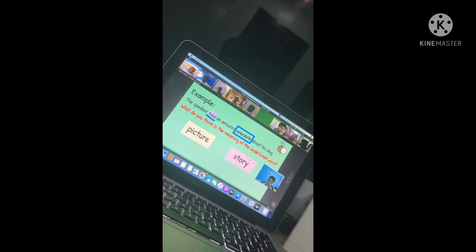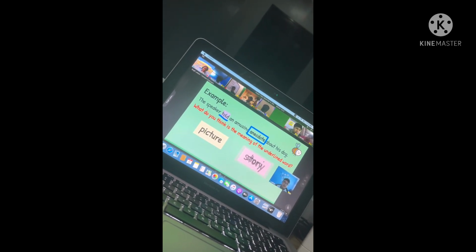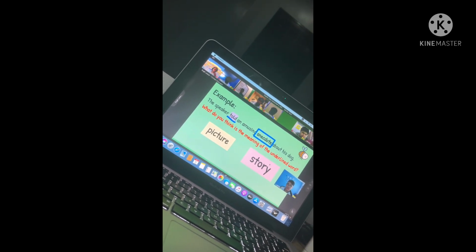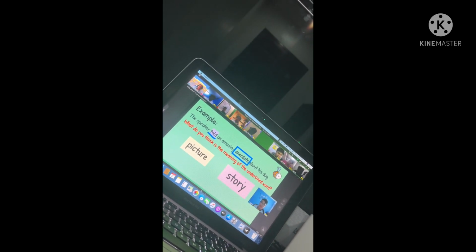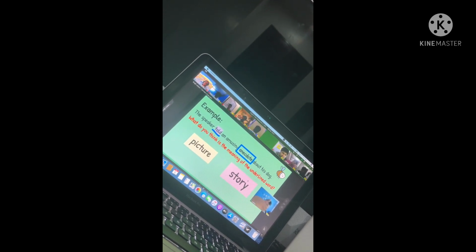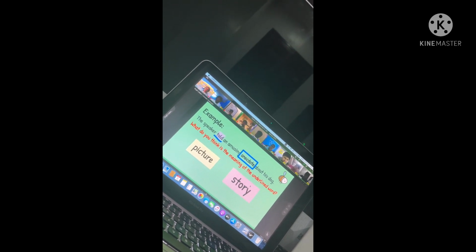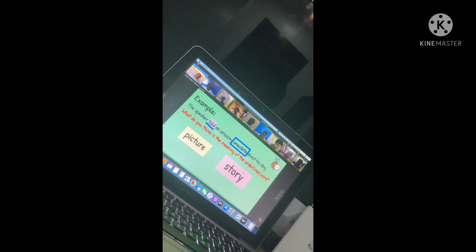Ano ba yung kinikwento? Okay, Justin, it is the story because story is something that we tell to other people and picture is something that we look at, right? Do you understand? So that is the meaning of anecdote based on the hints given in the sentence. Okay, thank you, Justin.